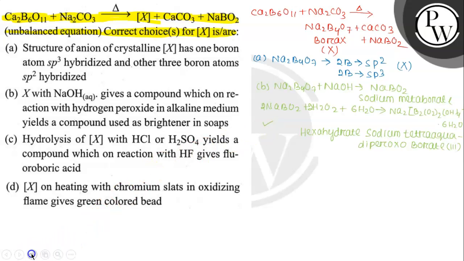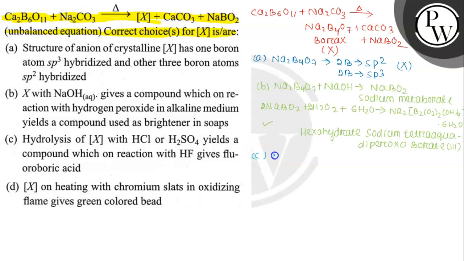Then option C. Option C says that hydrolysis of X with HCl or H2SO4 yields a compound which on reaction with HF gives fluoroboric acid.